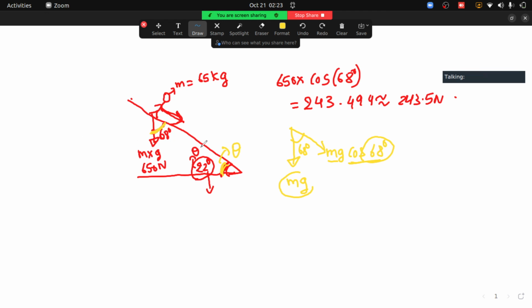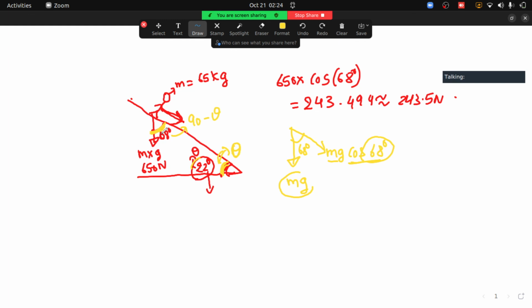You know that because you just now said that if this is 22, this is 68. Then if this is theta, this would be 90 minus theta, because you calculated this angle by subtracting 22 from 90.